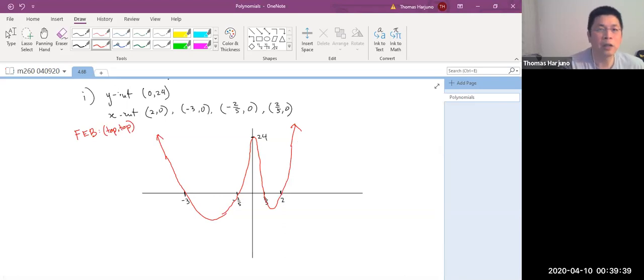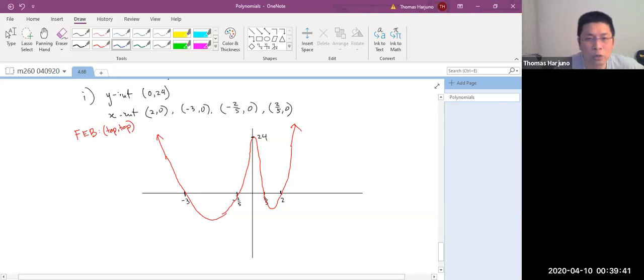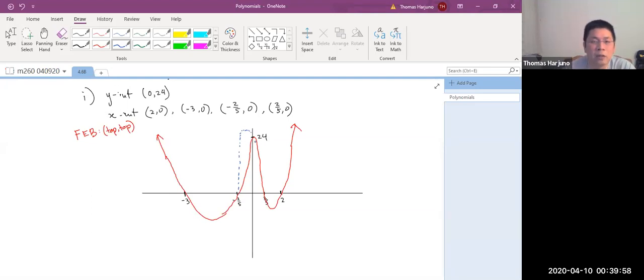Okay, I think it is possible that what happened here is supposed to look like this. Maybe, I'm not sure though. Maybe like this instead. Doesn't matter. Okay, so that's the sketch of the graph.